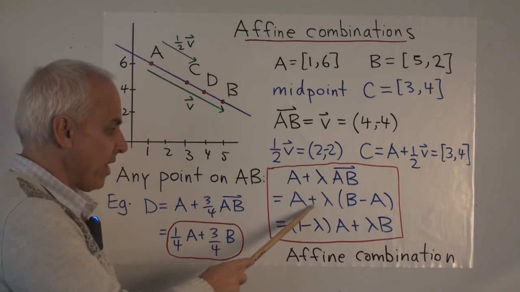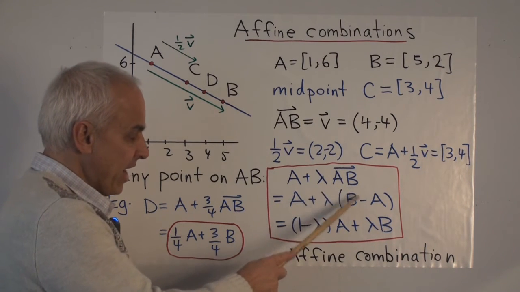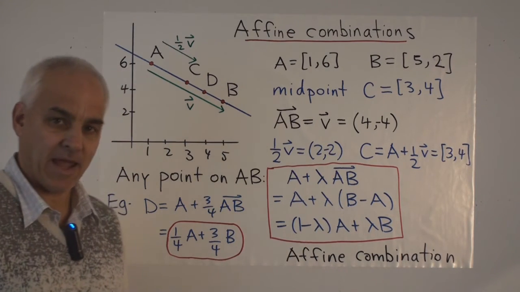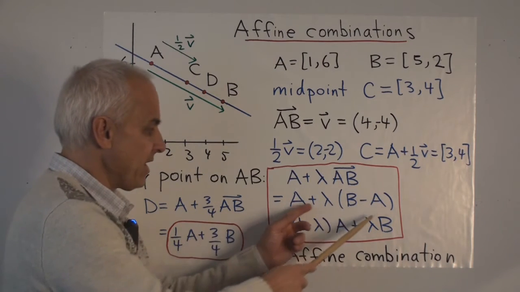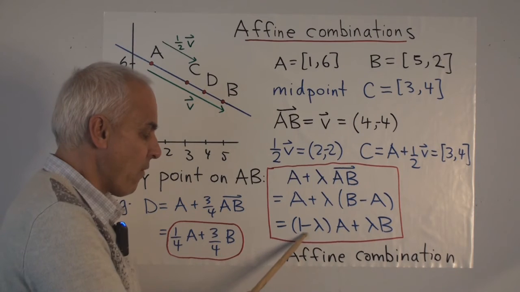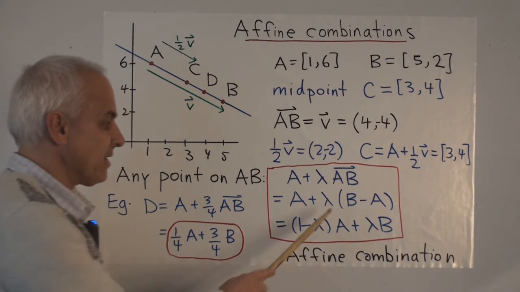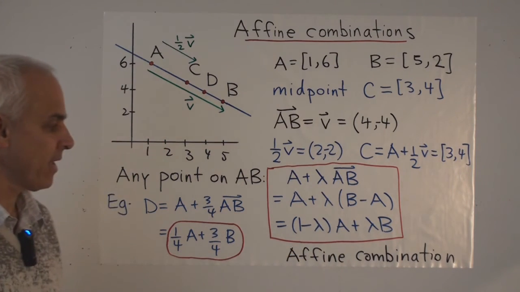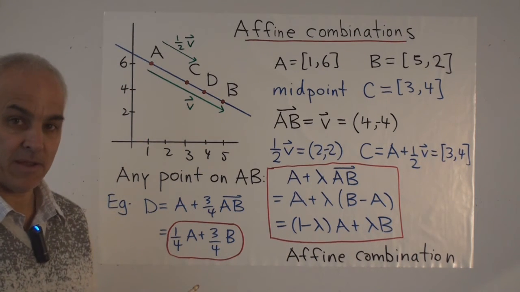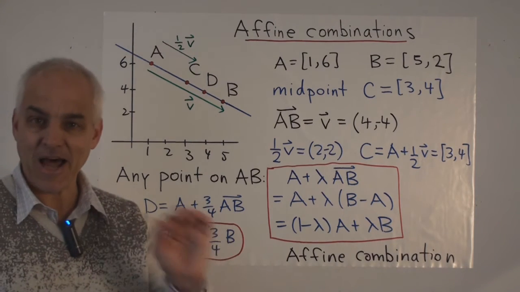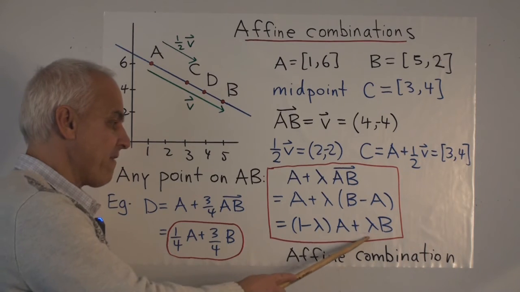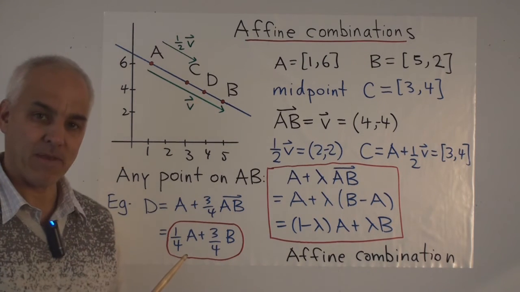We can write A plus lambda times the vector AB, which was obtained arithmetically by taking the difference between the coordinates of B and A. And if we combine these two things, there's an A here minus lambda A, for a total of (1 minus lambda) A plus lambda B. This is called an affine combination of the points A and B, and it represents a point lying on the line AB. When lambda is equal to a half, we get what we call the midpoint.